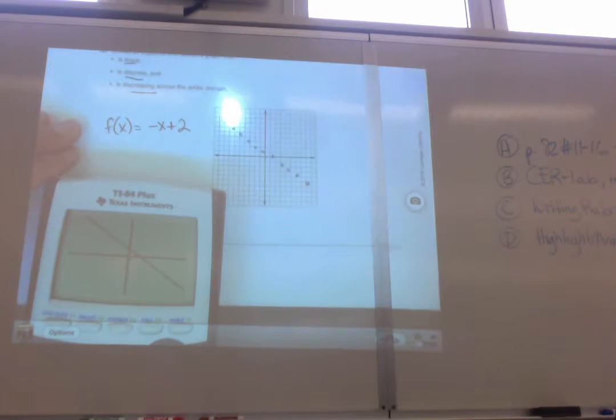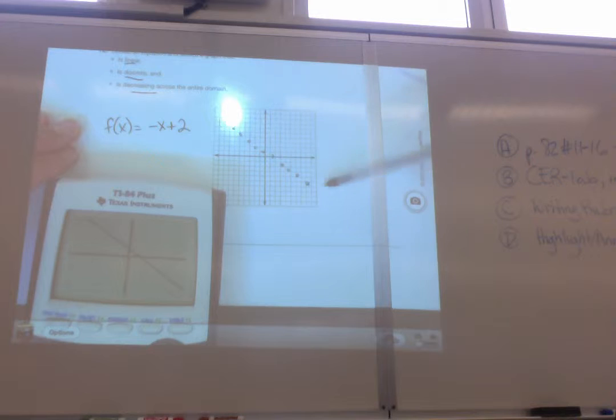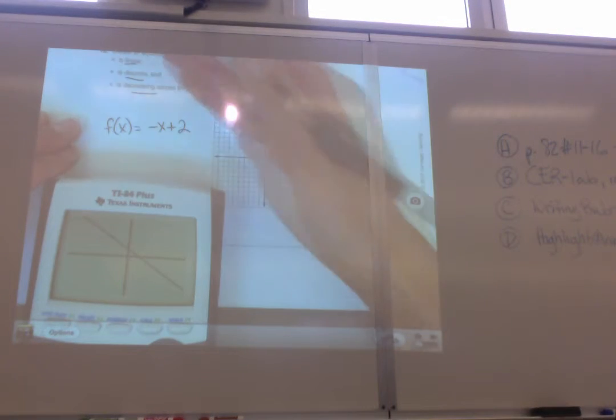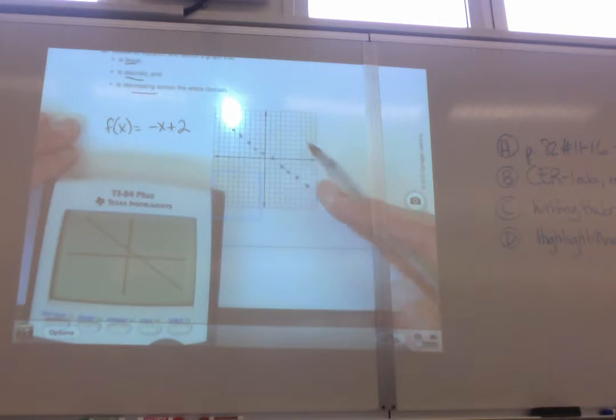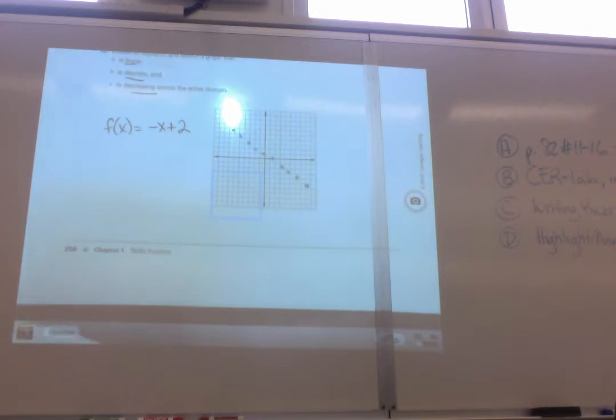Okay, so that is linear. It's discrete because instead of drawing a line, I showed isolated points. And it's decreasing. If you're working from left to right, it's going down. But looking in my book helped, and having a calculator helped.